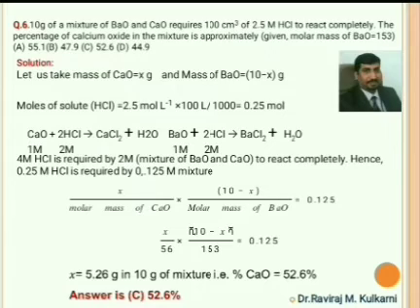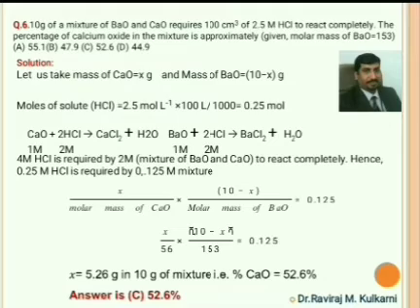Moles of HCl: they have given 100 cm cube, which is nothing but 100 milliliter, 100 divided by 1000 liters. 2.5 molar HCl they have told, so 2.5 mole per liter into 100 by 1000 liter. So you get 0.25 mole.